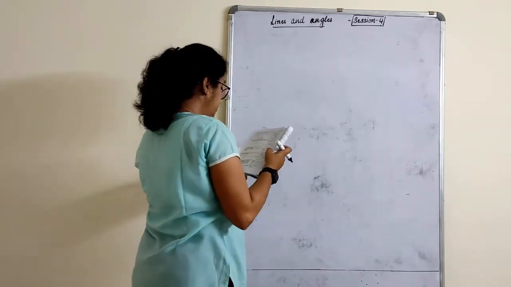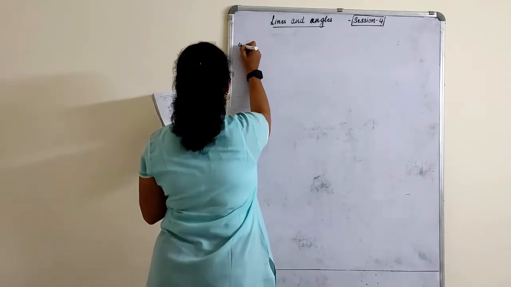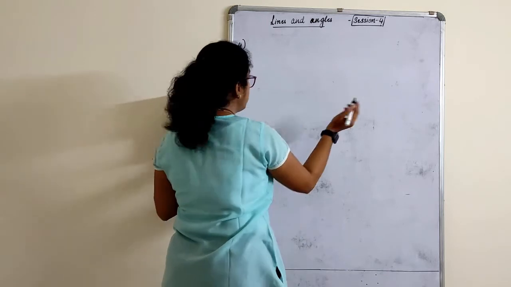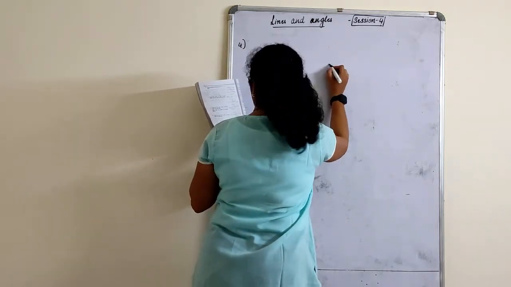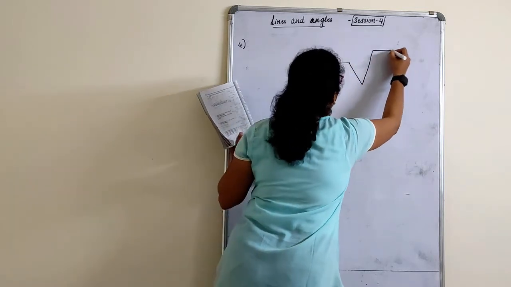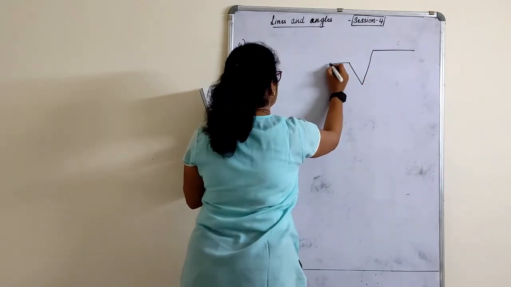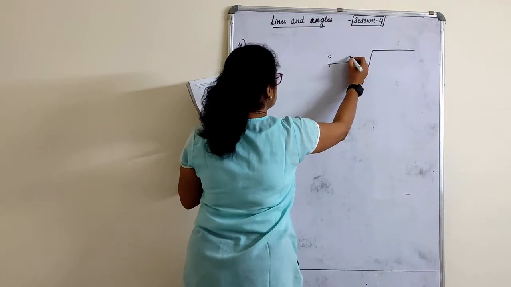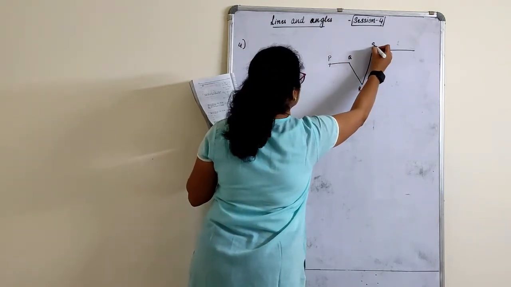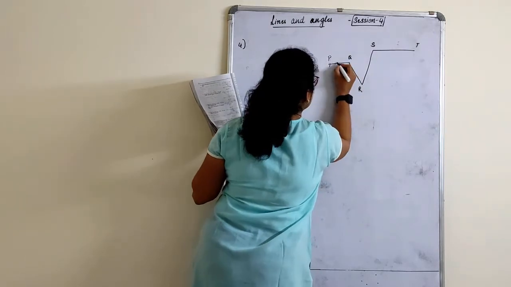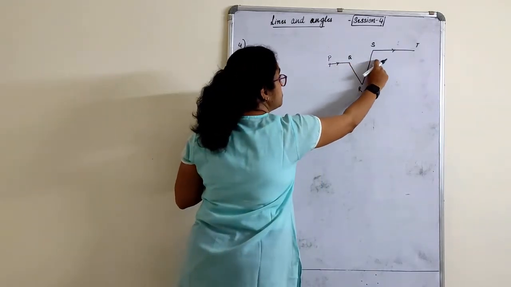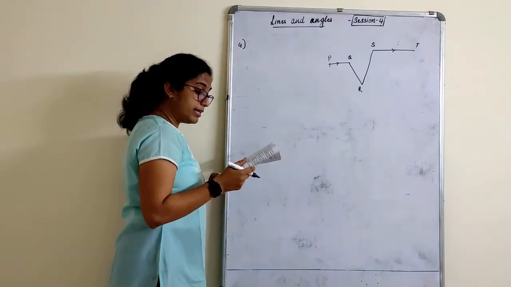The next one, the fourth one. In the figure, PQ is parallel to ST. First, let me draw. It's given a triangle. Okay, so this is P, this is Q, this is R, S, and T. According to them, PQ is parallel to ST. If I extend this PQ line, it comes parallel to ST there.